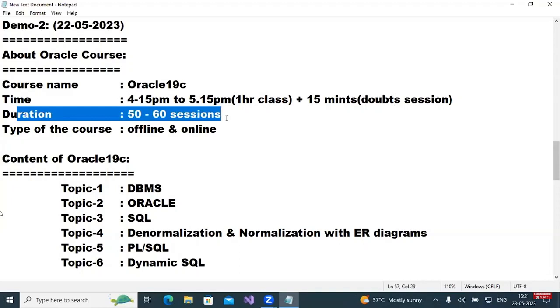And the reason I'm saying 50 to 60 is that here we are not learning one language. We are learning two languages, SQL as well as PLSQL. That's the reason we are taking this long. Somebody says 30 days, 40 days, but that means they are covering only SQL, and the remaining PLSQL and dynamic SQL they didn't cover. Suppose you want only SQL, you need to spend 30 classes, and SQL will be complete in 30 sessions.